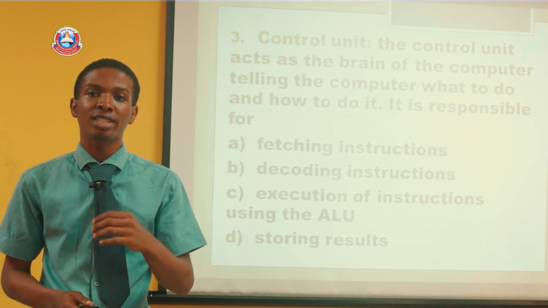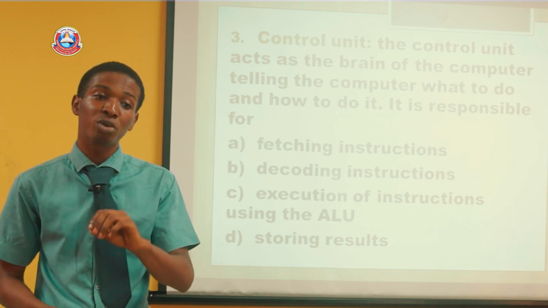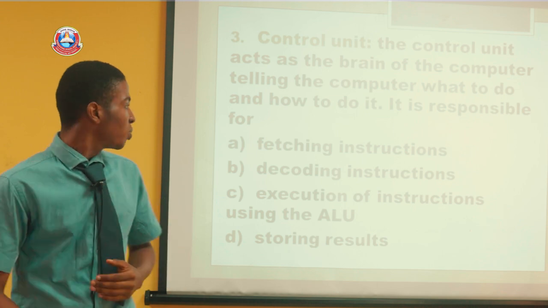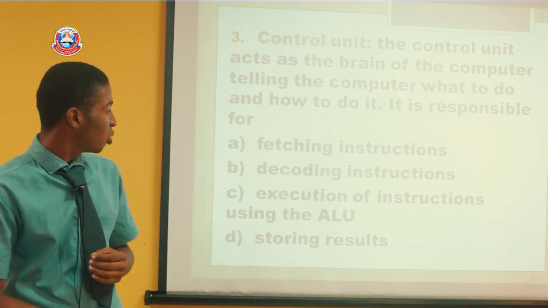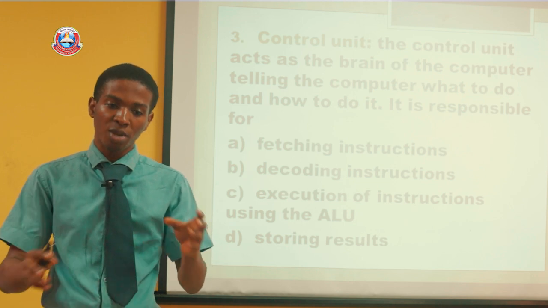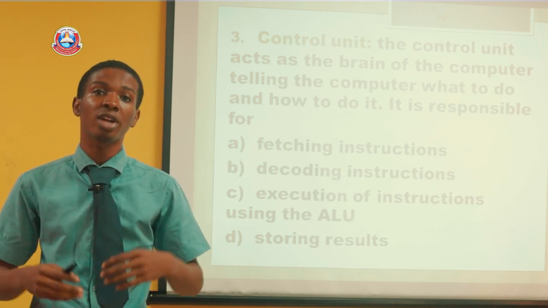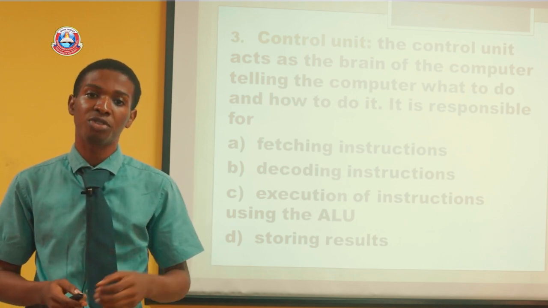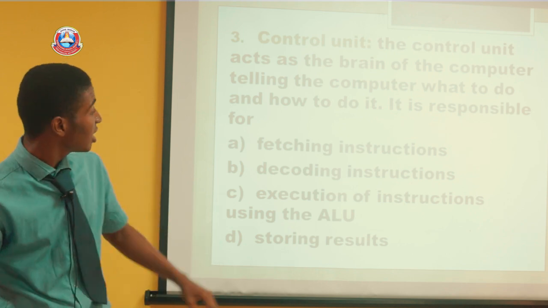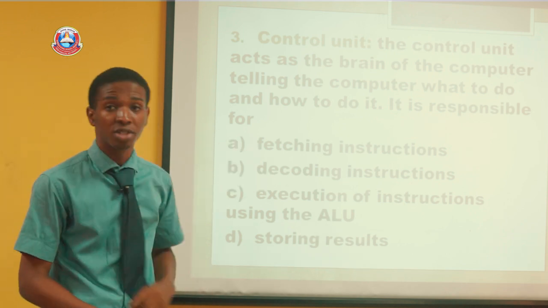The control unit is the part of the computer that tells the computer what to do and how to do it. So it's responsible for fetching instructions, decoding instructions, executing of instructions, and storing the results. For example, in my computer now, supposing I go to Microsoft Office and I press Ctrl plus P. What the control unit does is that it takes this instruction and it decodes it.